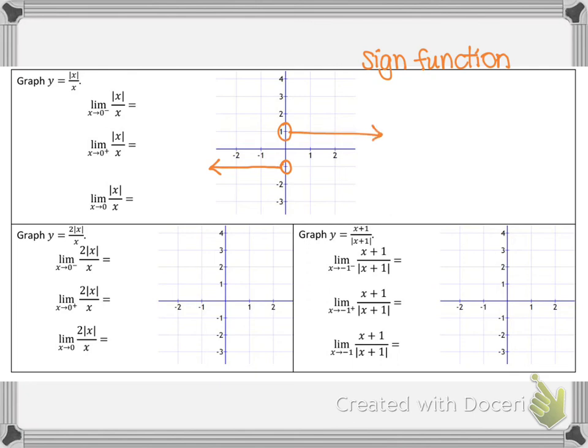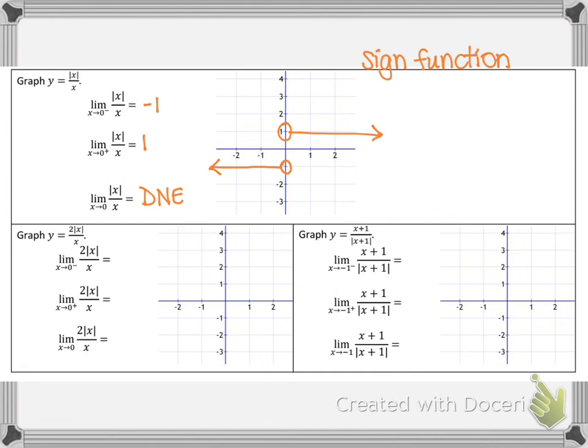So this is what our graph looks like. And you know this graph because it's on your chart that you got on the second day with all the parent functions. So you should already be a little familiar with this graph. So the left-hand limit as x approaches 0 of our graph is -1. The right-hand limit as x approaches 0 of our graph is 1. Since those do not equal each other, the limit does not exist.